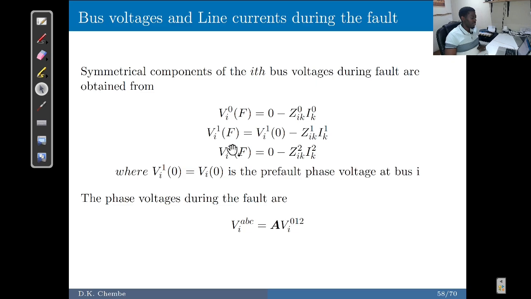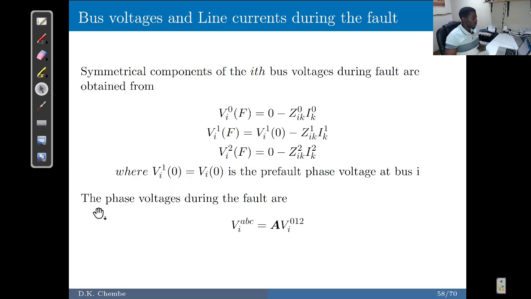And then for the negative sequence, you've got VIF equal to 0 minus ZIK 0 negative sequence and IK negative sequence. And these are the pre-fault voltages at bus I, so VI1 0 equal to VI0.